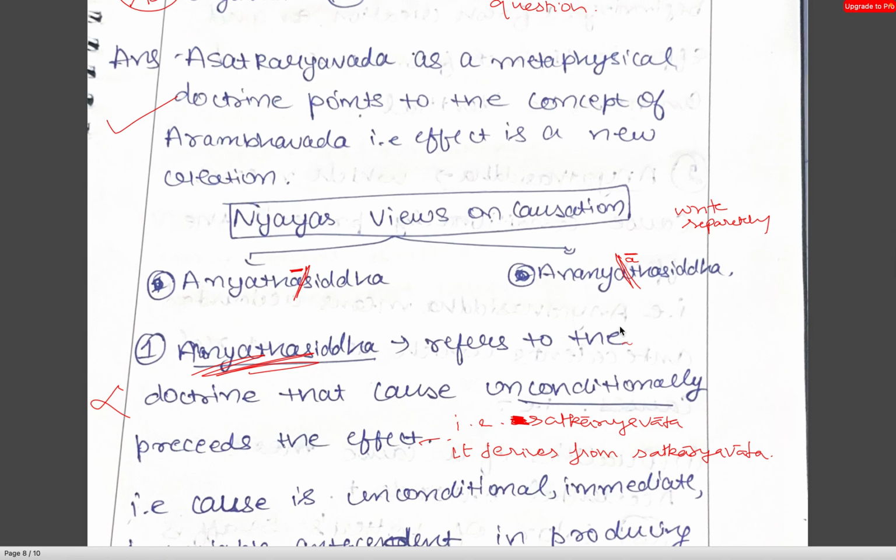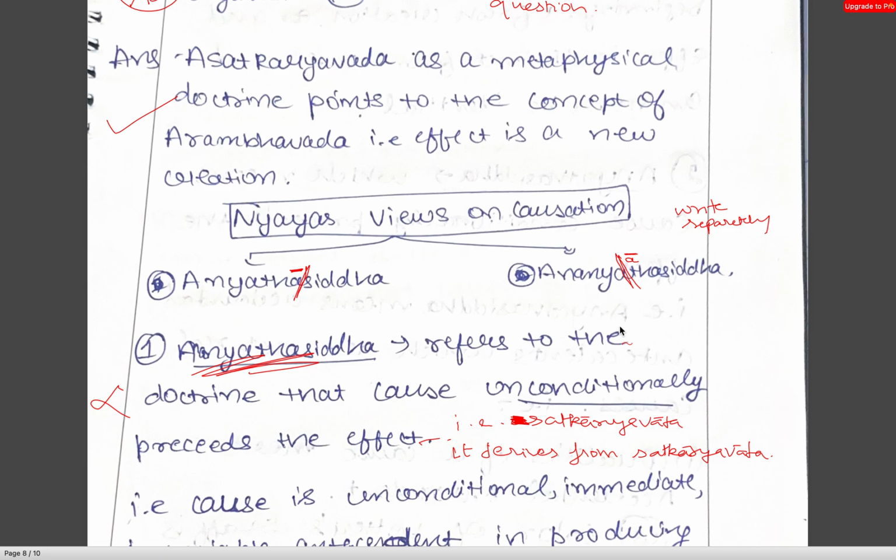Now what does it mean? अन्यथा सिद्ध is that the cause is proved somewhere else as well, other than the effect itself. कारण कार्य के अलावा भी कहीं और उपस्थित है.